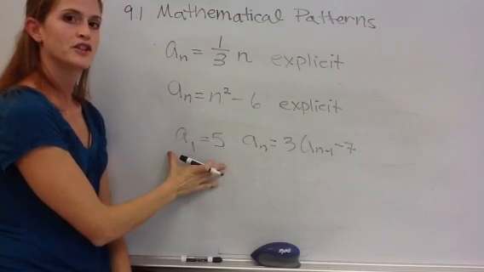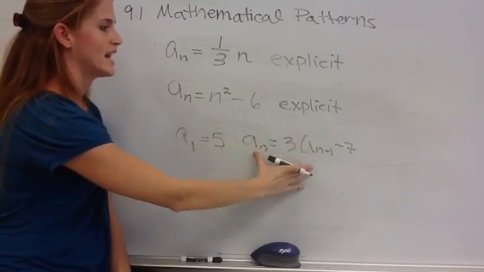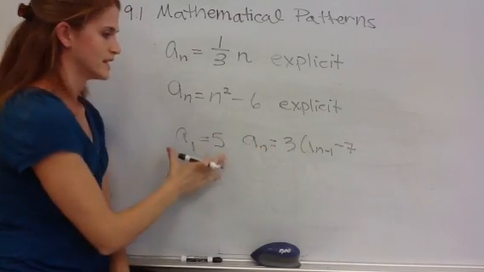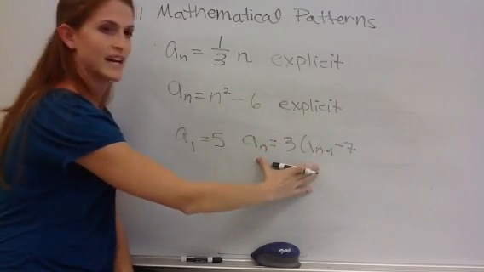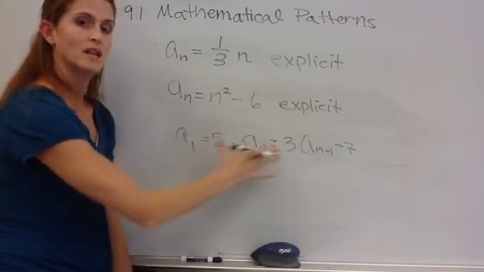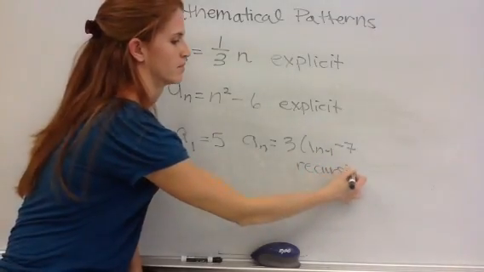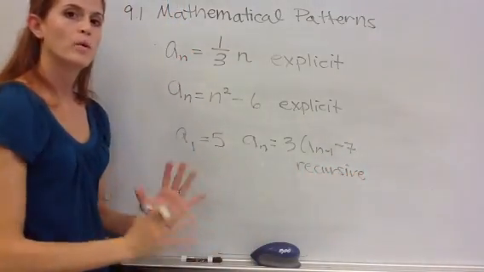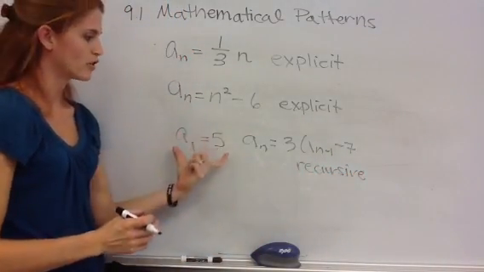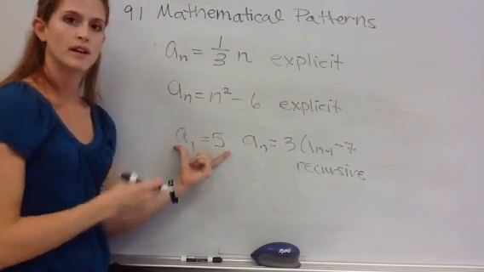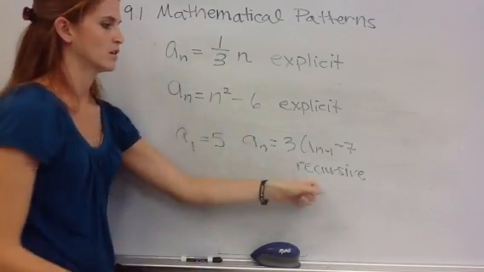This one has a first term, and then it has the a sub n over here, because it gives you the first term, and then the second one here. This one's definitely going to be recursive. So the big way to tell if it's going to be explicit or recursive is whether or not it's going to give you the beginning term. If it does, you definitely know it's recursive.